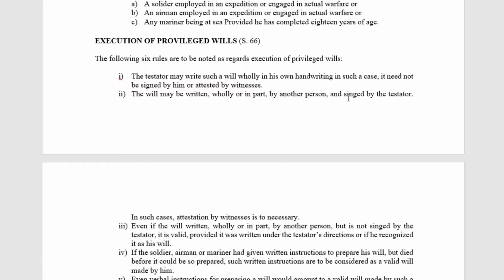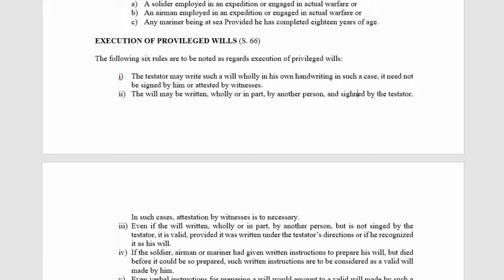That means here the will may be written completely by the testator, or certain times he may not be able to write the will in full. At that time it may be written by some other person, and it should be signed by the testator. And in such cases, there is a requirement of the attestation.